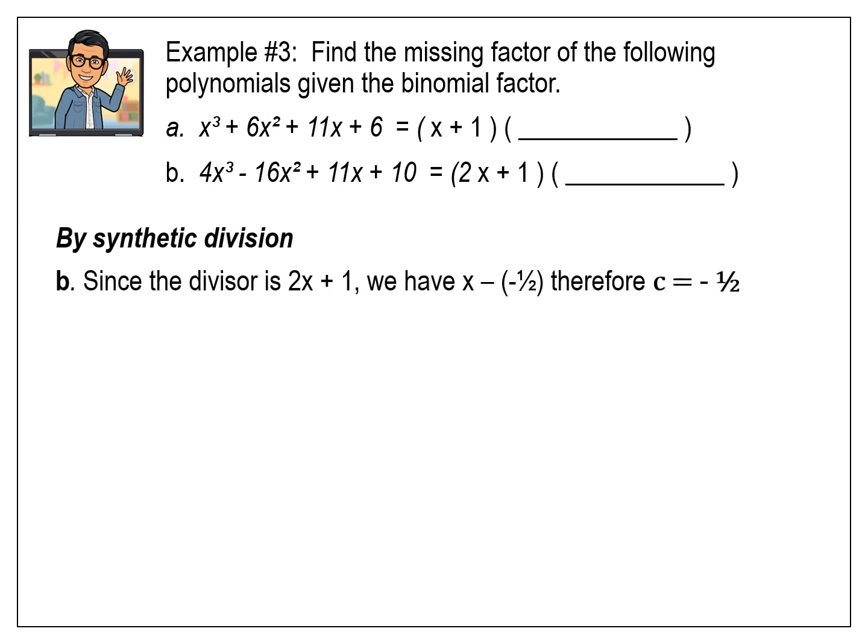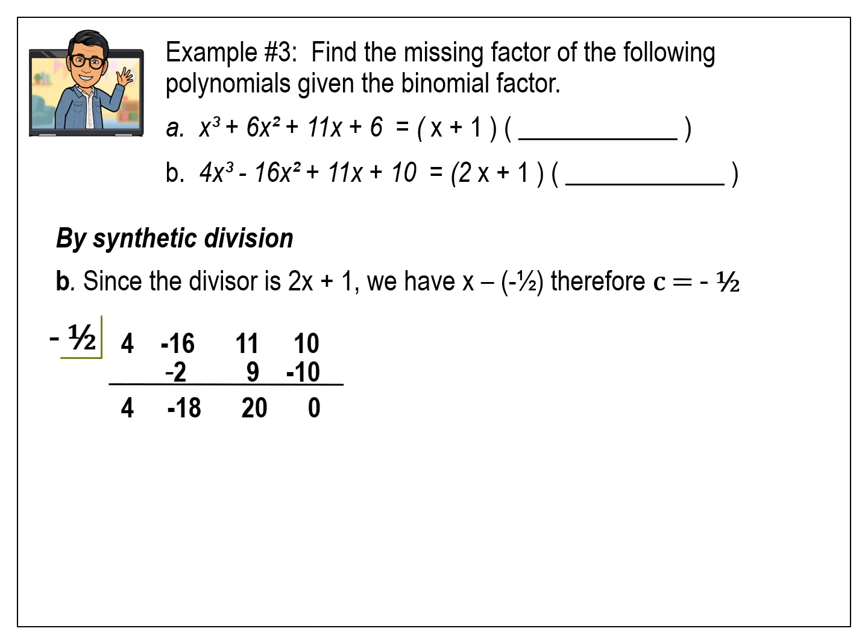So let's have problem B, where the divisor is 2x plus 1, wherein the numerical coefficient of x is greater than 1. So we can rewrite our divisor in the form x minus c. So we have x minus negative 1/2. Therefore, c is equal to negative 1/2.